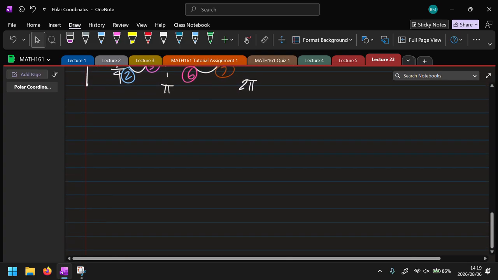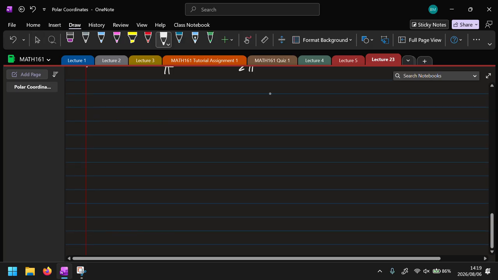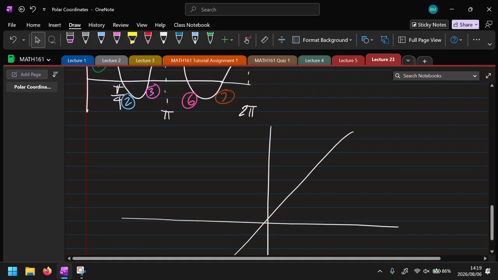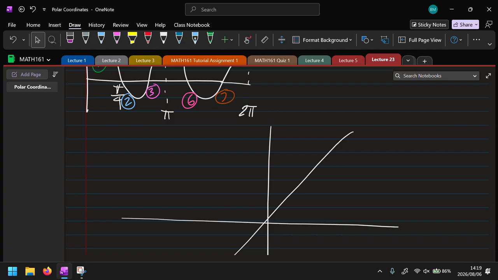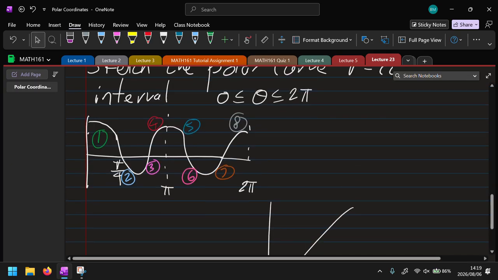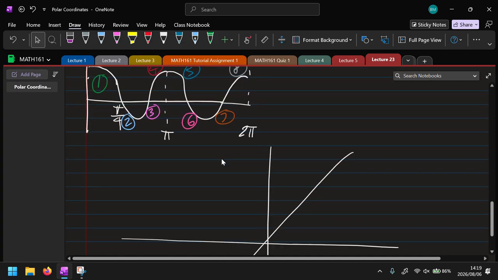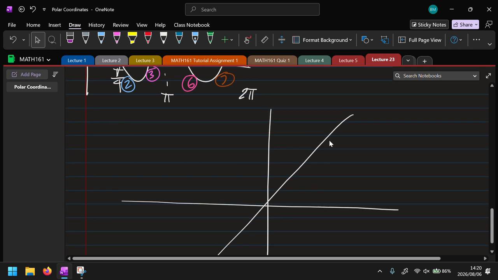Okay, so let's set up our diagram. Now here, remember these radial lines, 0, pi over 4, pi, and so on going around. Notice here we have pi over 4. Where's pi over 4 in this diagram here?